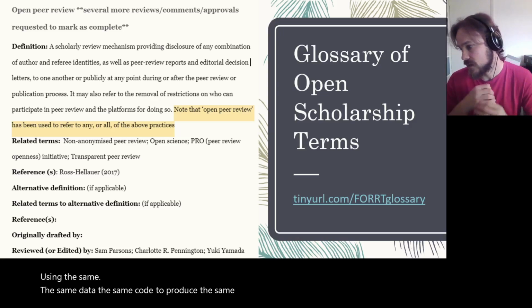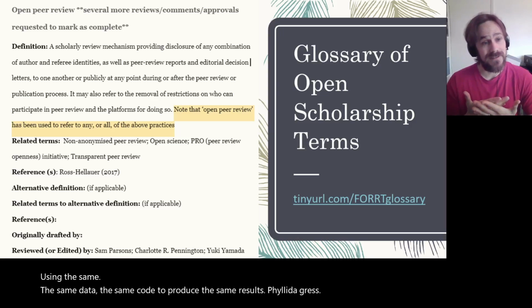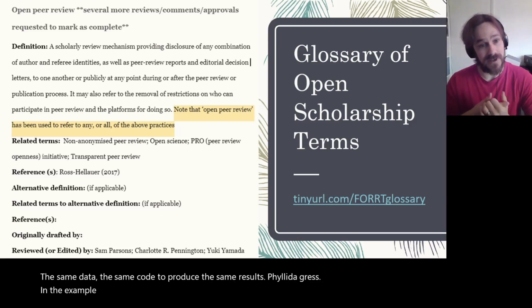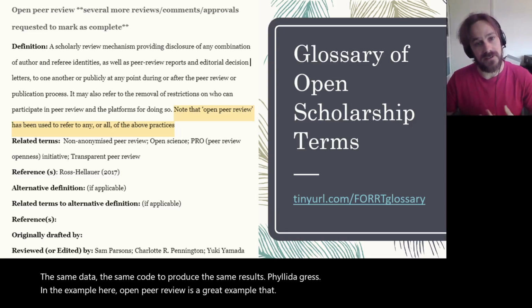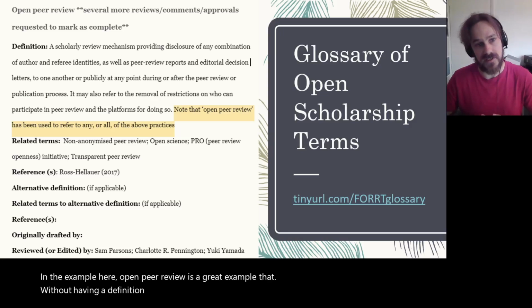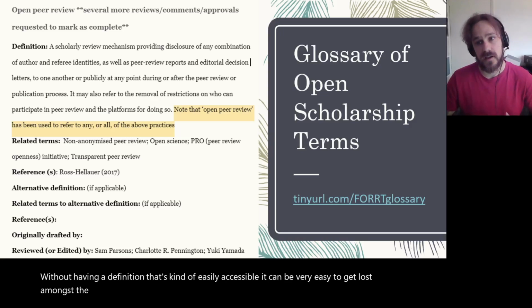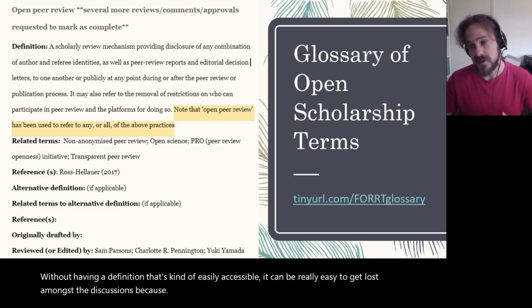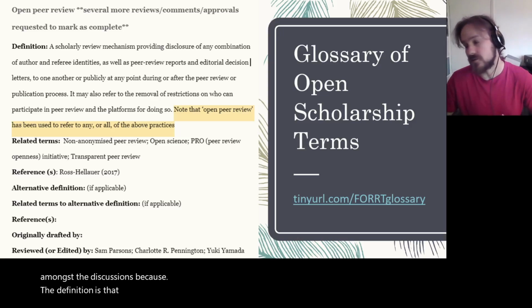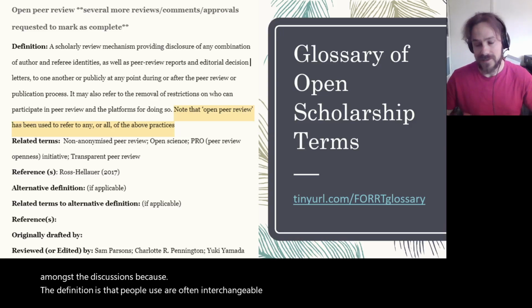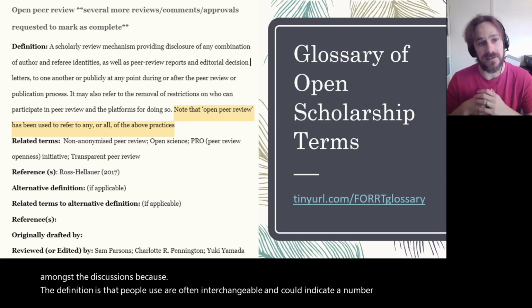But I digress. In the example here, open peer review is a great example that without having a definition that's easily accessible, it can be really easy to get lost amongst the discussions, because the definitions that people use are often interchangeable and could indicate a number of different practices.